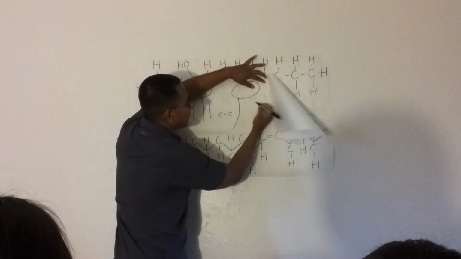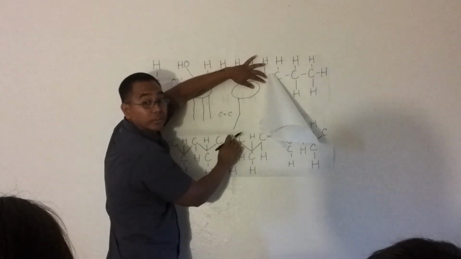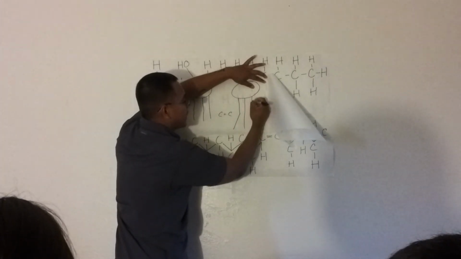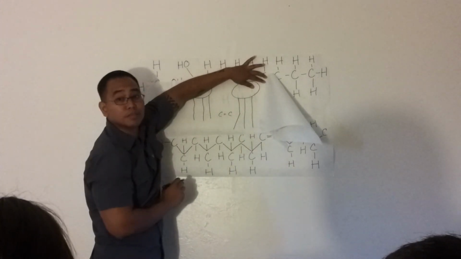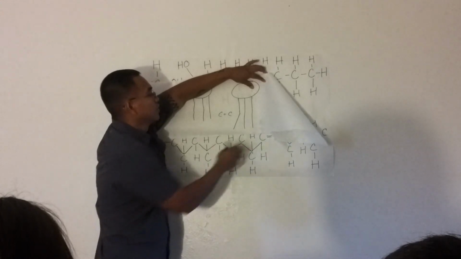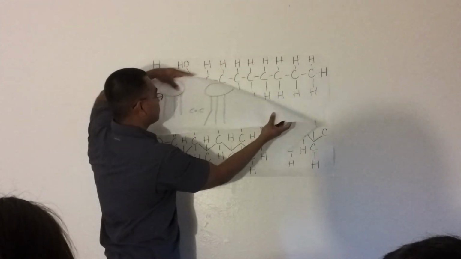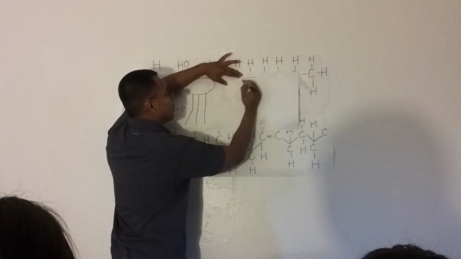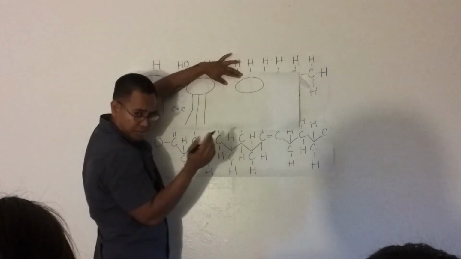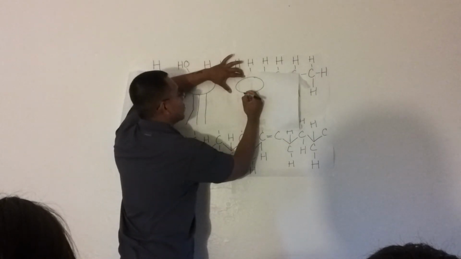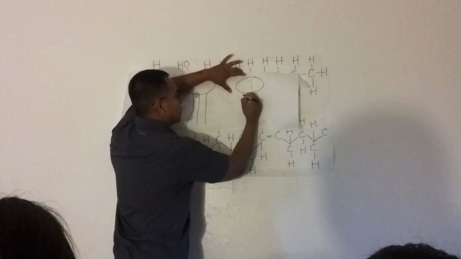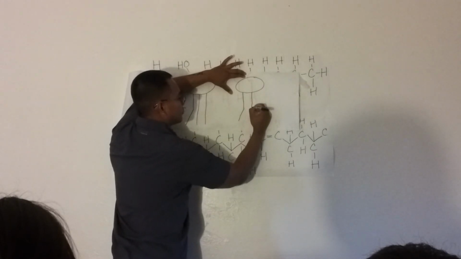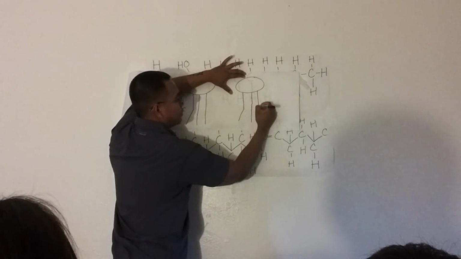Now, if we're talking about a mono, that means it's only one kink, and then you have two saturated fatty acid tails, so it would look like that. That's a monounsaturated. Now, if we're talking about a polyunsaturated, then it would look more like this. You have the glycerol head, and then you have the fatty acid tail, but instead of one kink, you'll have one right here, and maybe it would look like this.